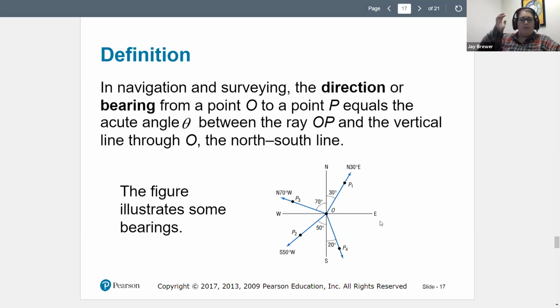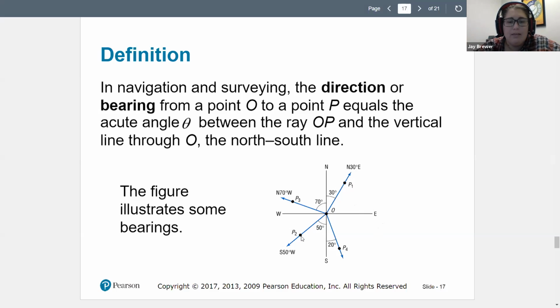East-west will always be your secondary direction, and your primary direction will be north or south. So for P1, we're sitting at 30 degrees off of north towards the east. Okay. For P3, we're at 70 degrees off of north towards the west.